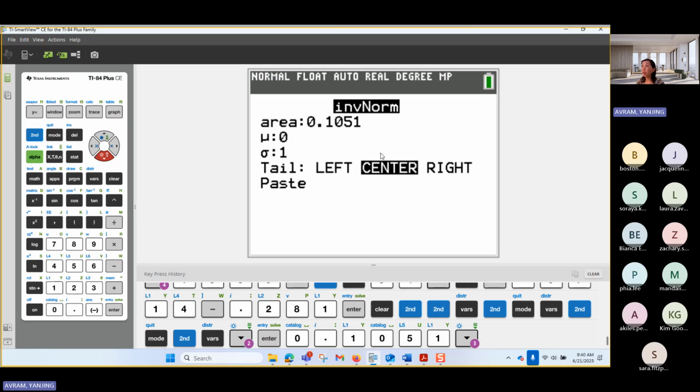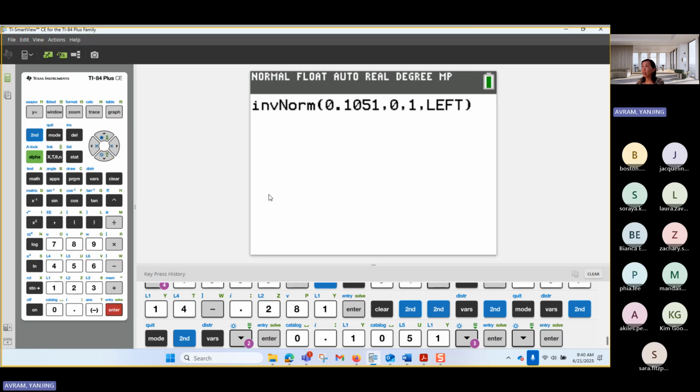This is a little bit newer version, so you have area to the left, center, and right. Some of the older model calculators didn't have this left, center, or right. The default is always on the left, okay? Then you hit enter again, and this is your estimated Z-score. Look at it, very quick and easy. You round to 2 decimal places, it is negative 1.25, right? Exactly the same.